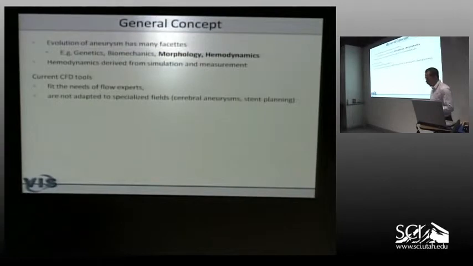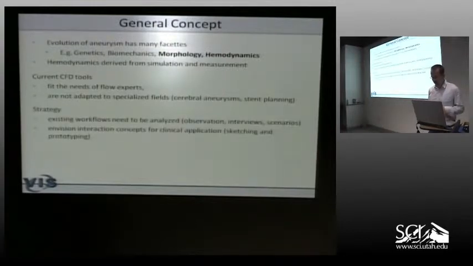So one could say, well, CFD simulations are possible. There are tools in order to explore the results, like Fluent, but these are not very well adapted to the specific problems in vascular diagnosis and treatment, but instead more adapted to the needs of flow experts.